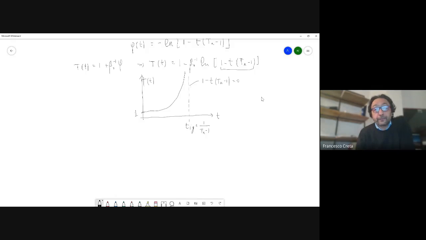Also look at the fact that the activation and the, clearly these are non-dimensional parameters, and so we have to revert to dimensional parameters. So remember, this was the non-dimensional time, so we have to revert to dimensional time.